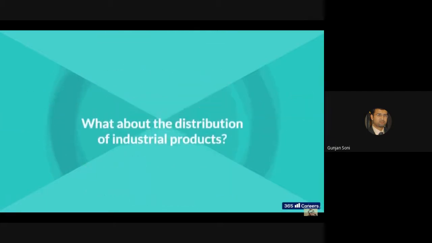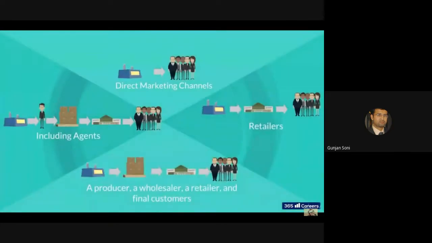What about industrial products? The picture we see here is very similar, isn't it? There is a slight difference in some channels used here. The direct channel is much heavier, as it accounts for over 50% of sales. This occurs because industrial goods are very expensive and have a high degree of customization, and it makes sense to have direct contact with the customer.